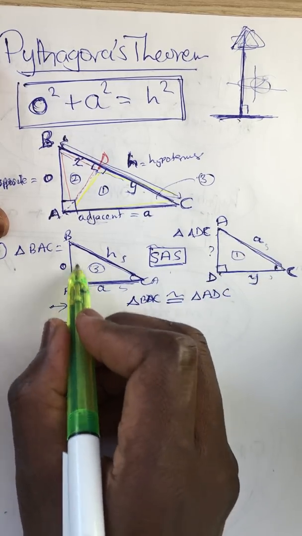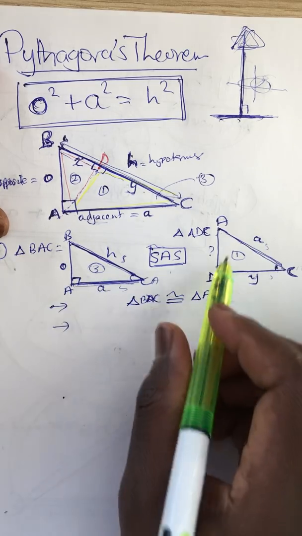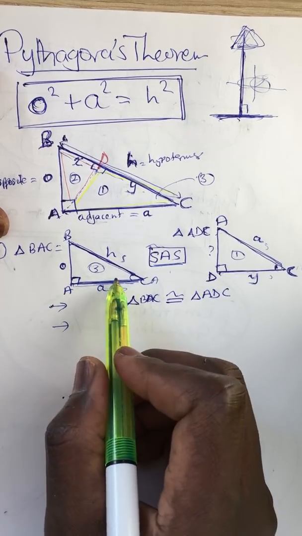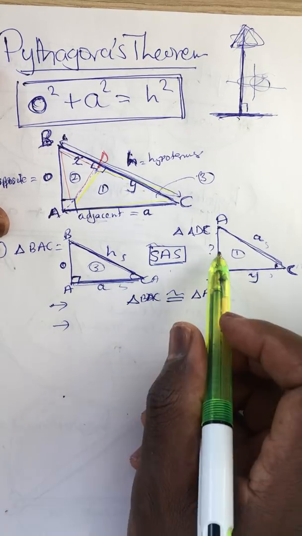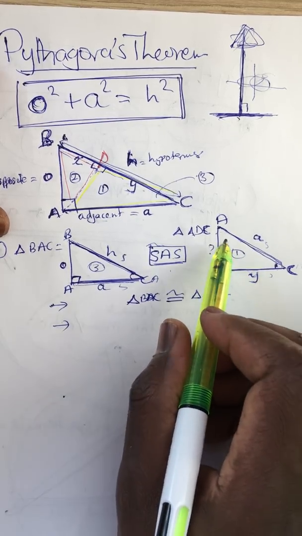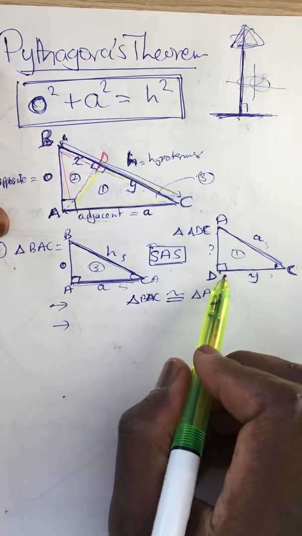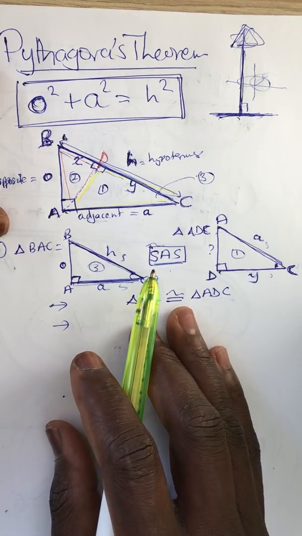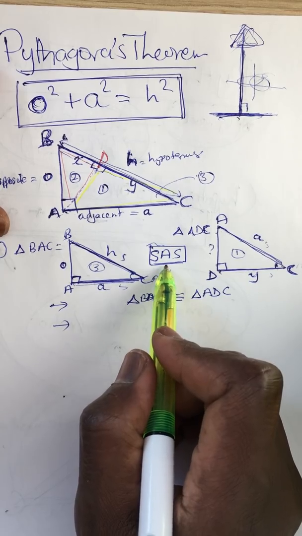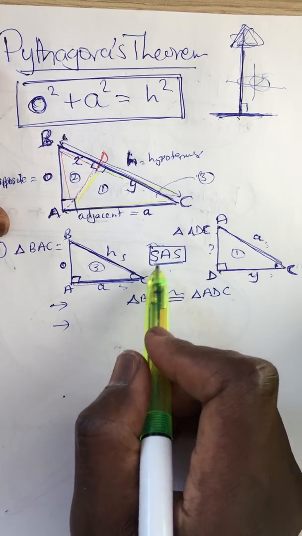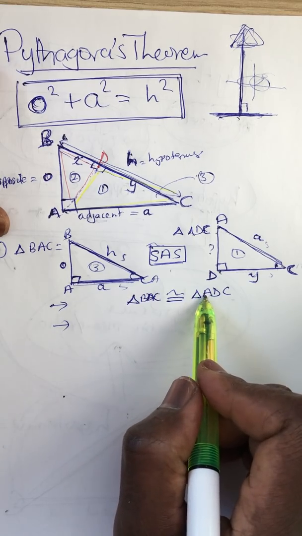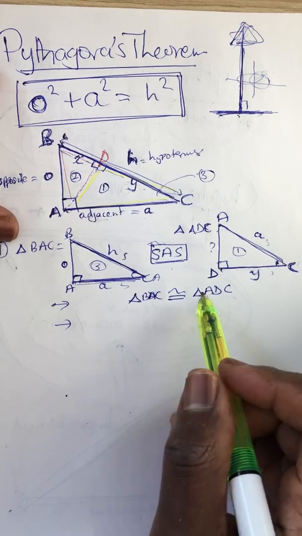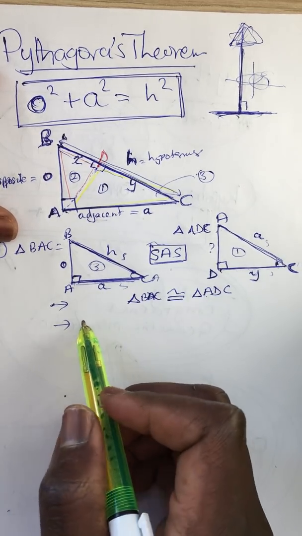So the ratio of the sides of the big triangle, we are going to pretend is equal to the ratio of the longest side, which is the hypotenuse, and the adjacent of the smaller triangle. We are going to assume that these triangles are the same, and as we have verified using similarity and congruence, they are in fact similar and congruent to one another, which is another way of saying that they're the same. So this allows us to apply geometric ratio.